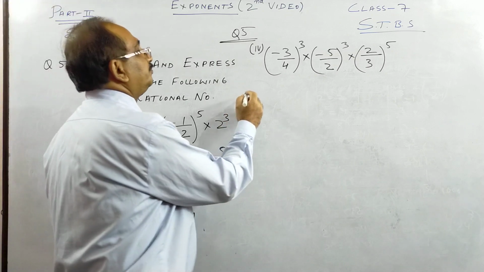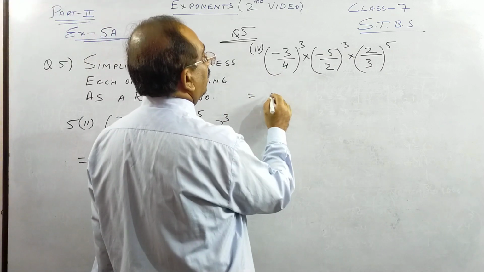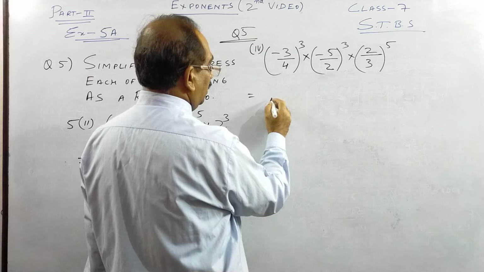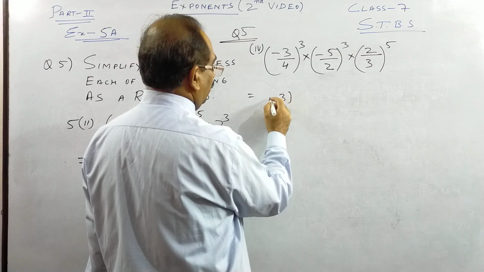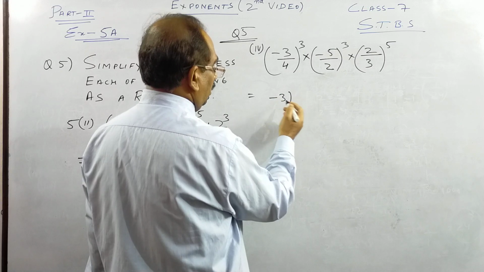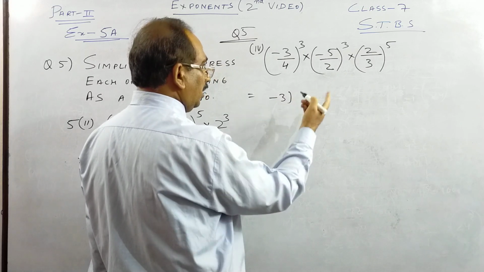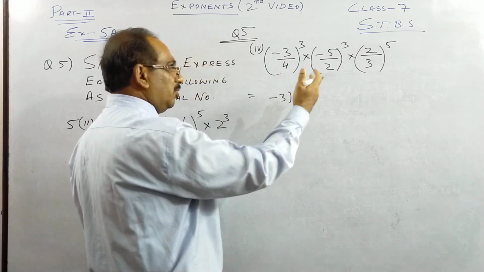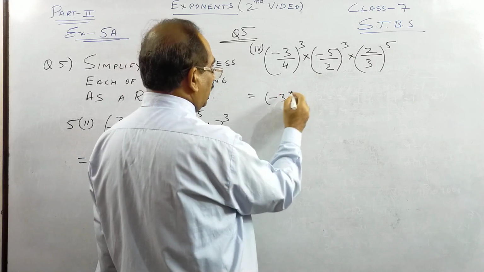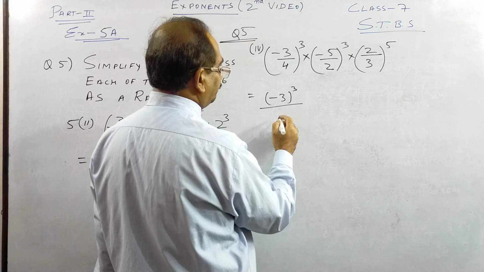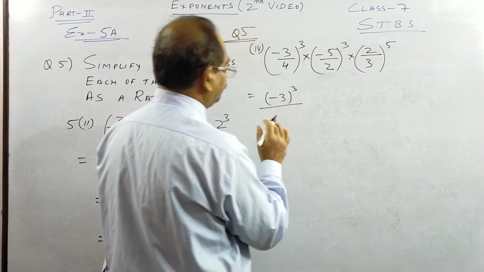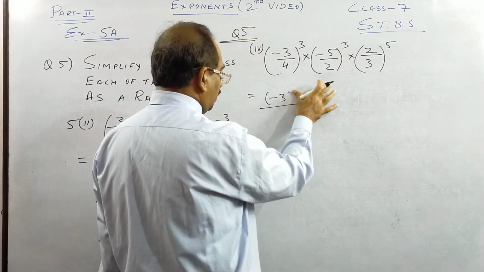So here simply we can write minus 3 to the power 3. If there are more numbers, you can expand all and do, or you can do like this. Okay, 4. So here let us open it.